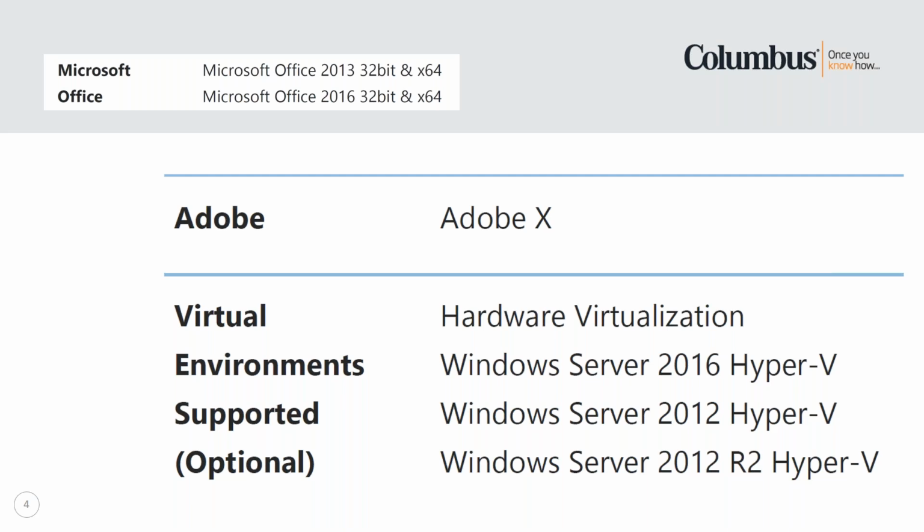Most of those work just fine, but this is the official supported platform that Microsoft puts out, so we know in real life that many other things work. Same thing if you're going to virtualize your server, which most people have nowadays. Microsoft supports their own virtualization system, which is called Hyper-V.